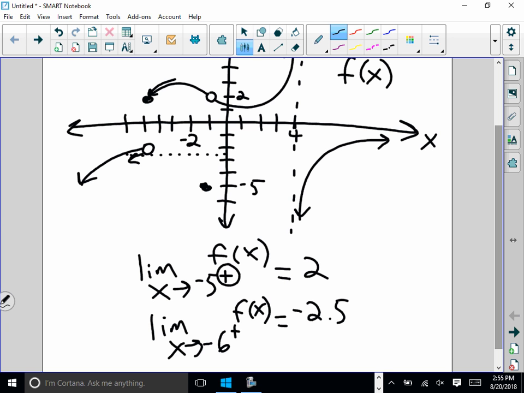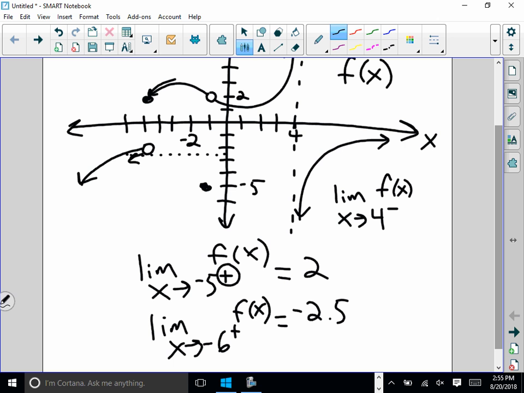To symbolize a left-hand limit, I'm going to approach a number from the left side. So let's ask ourselves this. What is the limit as x goes to 4 minus? Again, this is not -4. This is the limit as x goes to 4 from the left side.